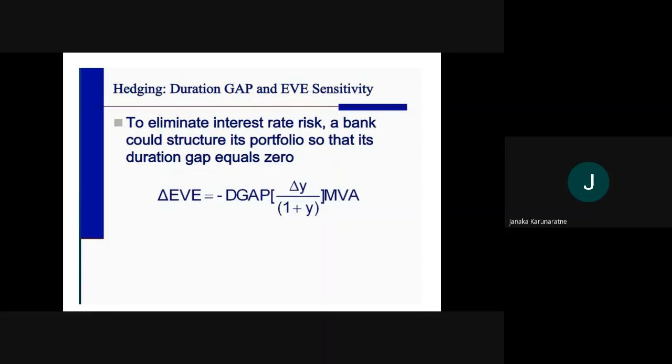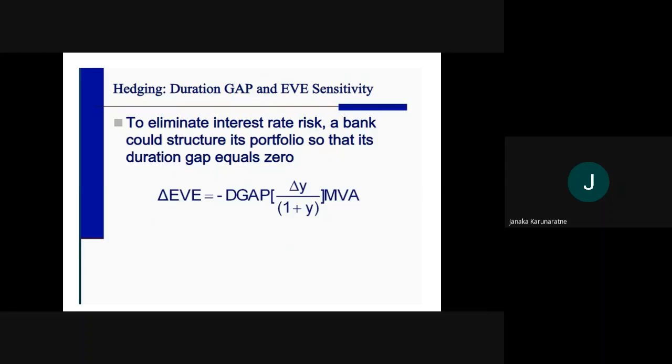To eliminate the risk in macro hedging, the bank could structure the portfolio so that its duration gap equals 0. Remember the duration gap, DA minus kDL? Remember, change in equity equals minus duration gap times A times delta R divided by 1 plus R. This is the typical formula we use for duration hedging without convexity.